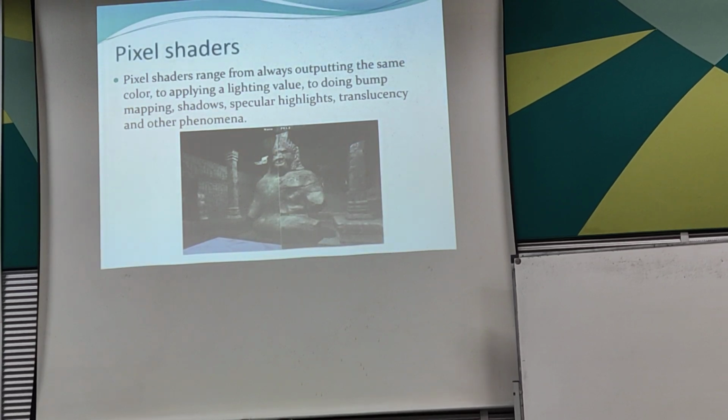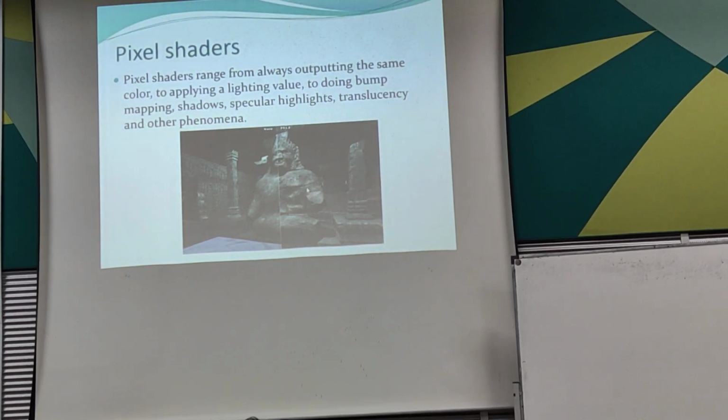Another comparison here: you can see the stack tube, very stacked, cut in half. This one has no shader, and this one is with the pixel shader. It really can improve the quality so much.